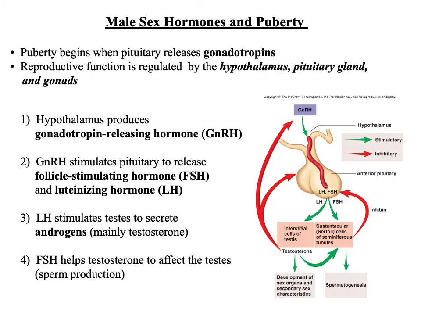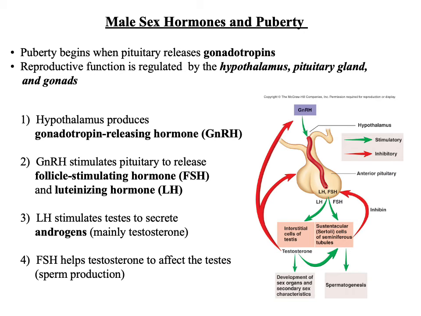So let's look at some of the male sex hormones, and we'll talk a little bit about puberty, since that's very hormonally driven. Puberty begins when a special set of hormones called gonadotropins are released from the pituitary gland in the brain. Remember that pituitary, hypothalamus, pituitary.